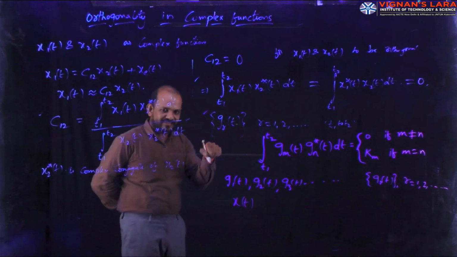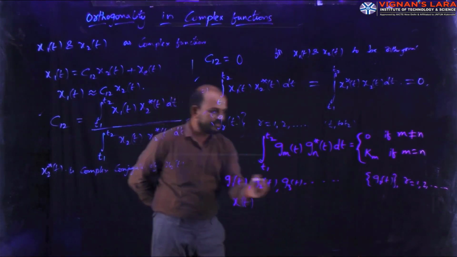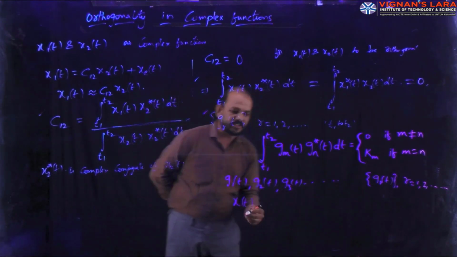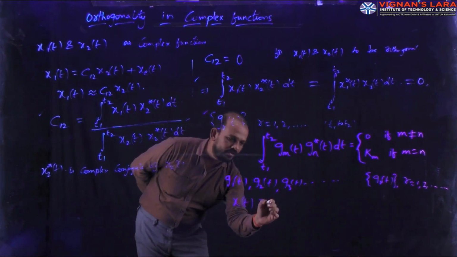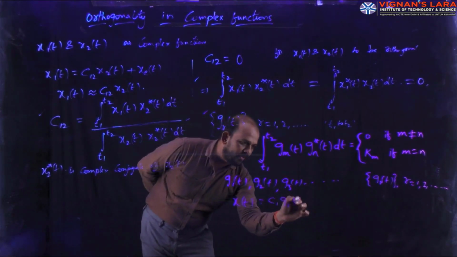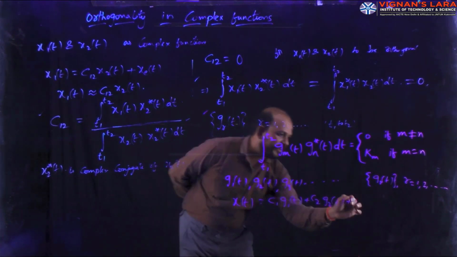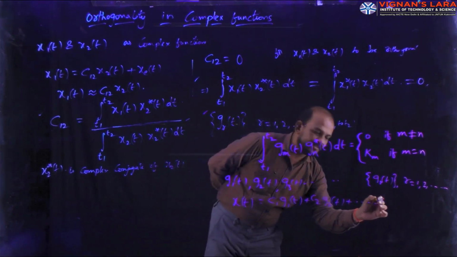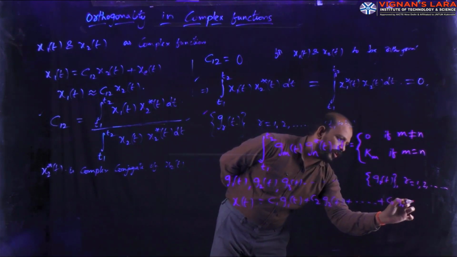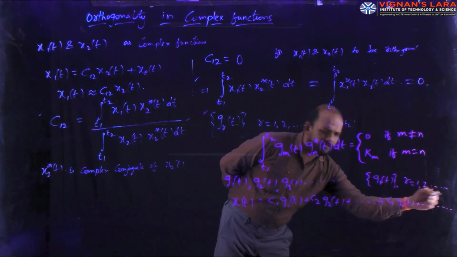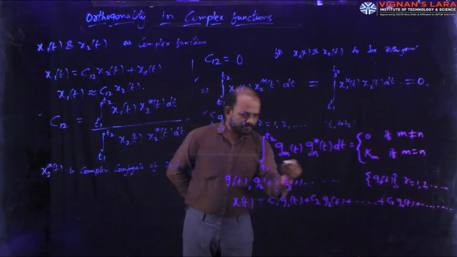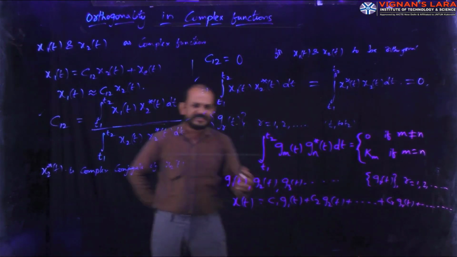Now this x of t can be represented using these orthogonal functions as x of t equal to c1 g1 of t plus c2 g2 of t plus so on plus cr gr of t plus so on up to infinity, because this is an infinite series, that is, it is a complete set.